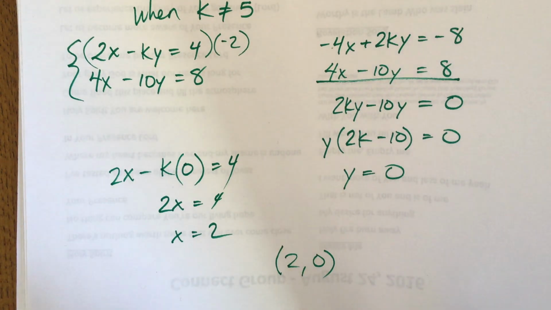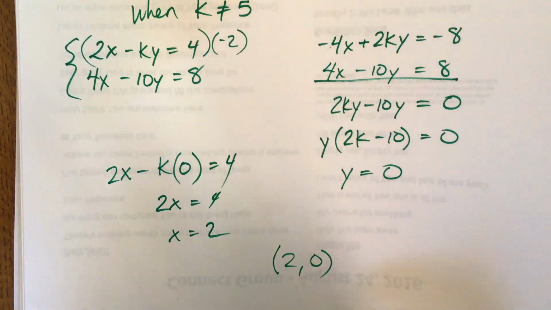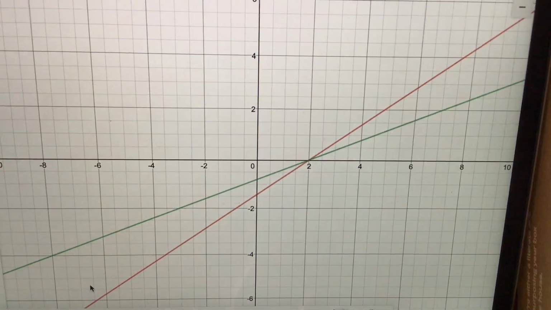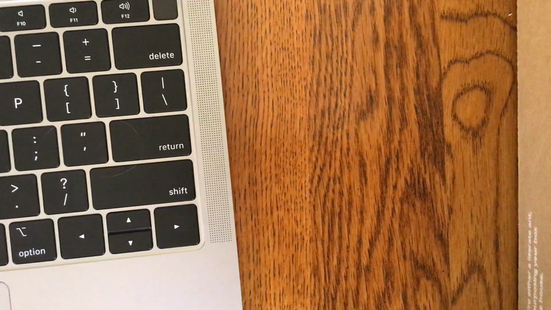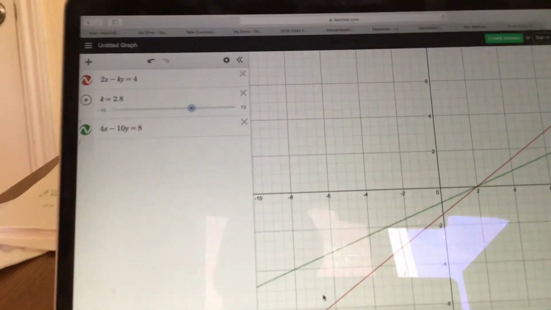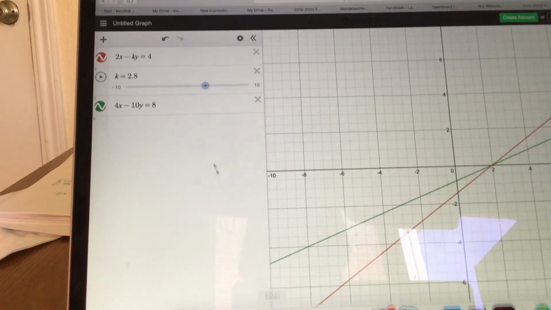So I went to my handy-dandy Desmos. Hang on just a second, my screen looks funny, so let me fix that. Okay, I went to Desmos, and I created a slider in this situation.